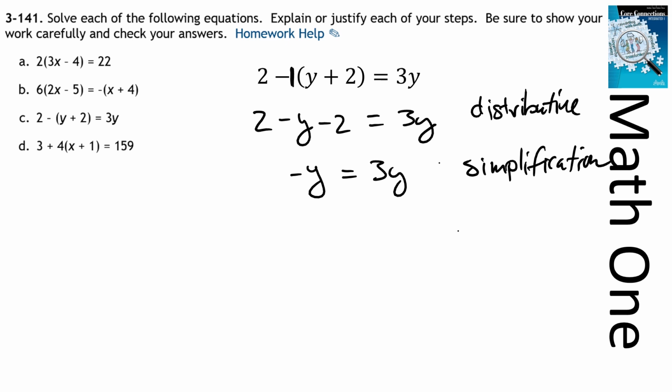That's just simplification, or addition, 2 plus negative 2. The next thing I'm going to do is add y to both sides. And I see this error made often. When I add y to the left-hand side, it becomes the number 0. And over on the right-hand side, when I add y to that, it becomes 4y. So this is addition property of equality.